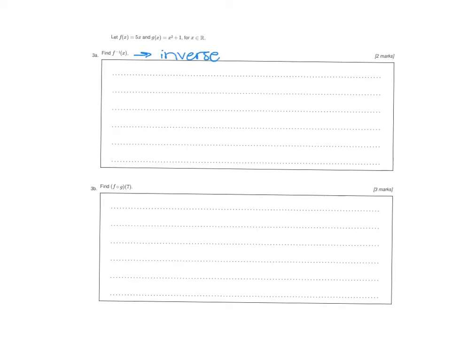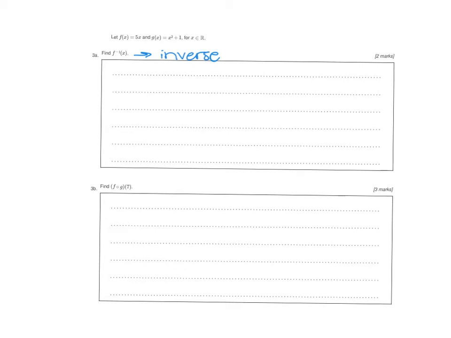It's not the derivative, because the derivative uses those tick marks to represent prime, but that's not a tick mark, it's a -1. So inverse means that we are going to reverse the rule. So instead of having x be the input and y be the output, we are going to switch them so that y is the input and x is the output.